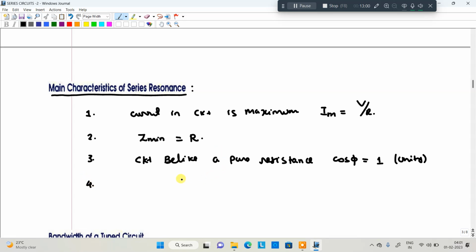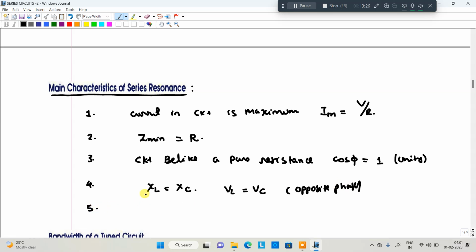Next one, VL and VC at maximum are magnitudinally equal and cancel each other, out of phase. That means XL and XC are opposite in the phasor. So VL and VC are both equal but opposite in phase.